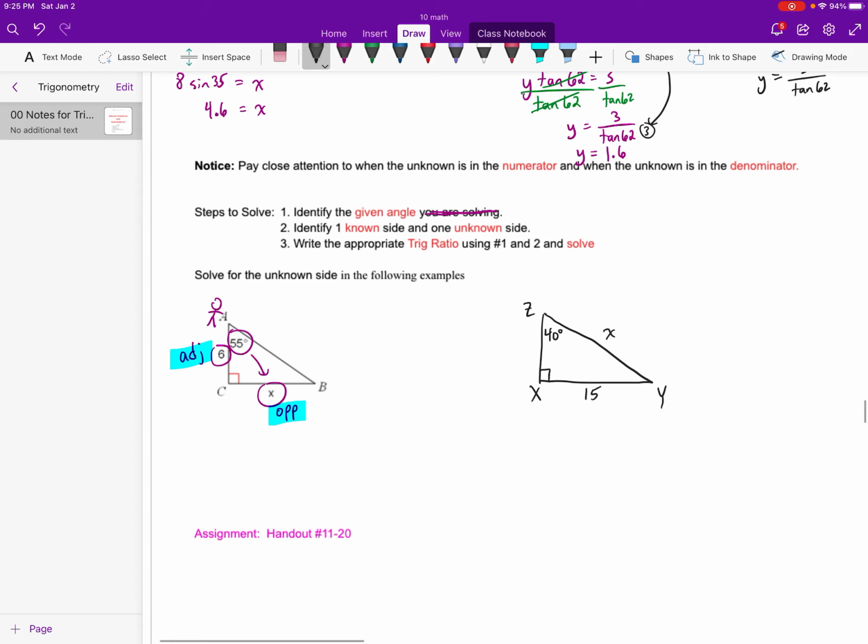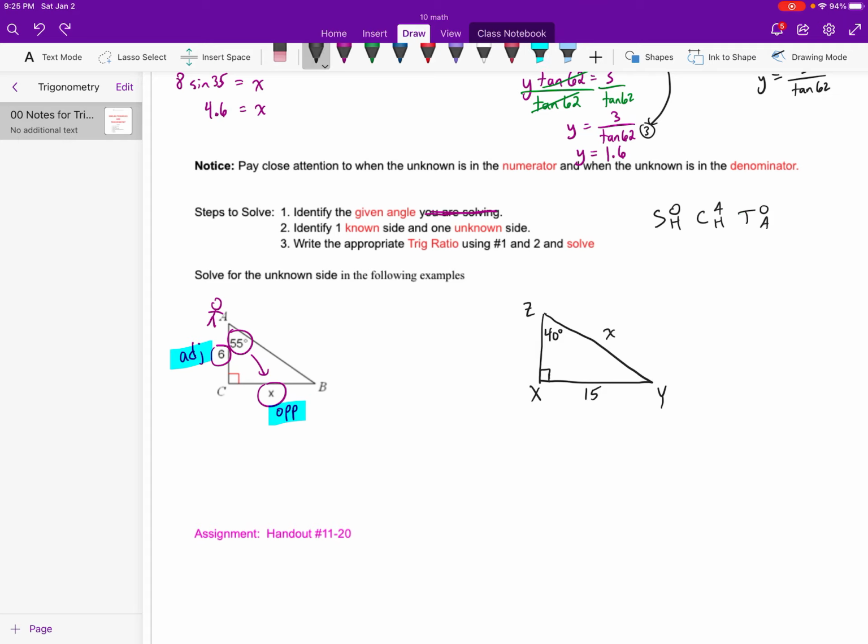This is from the last lesson: SOH CAH TOA. Sine uses opposite and hypotenuse, so that's not right. Cosine uses adjacent and hypotenuse, so we're not using that either. Tan uses opposite and adjacent.